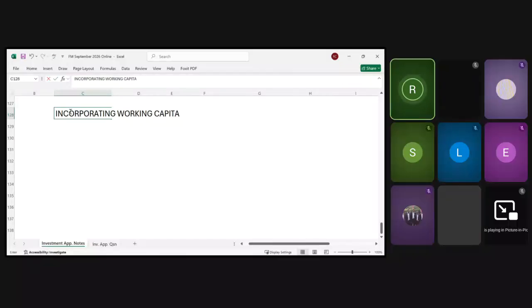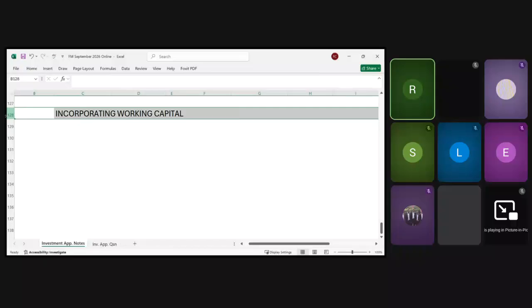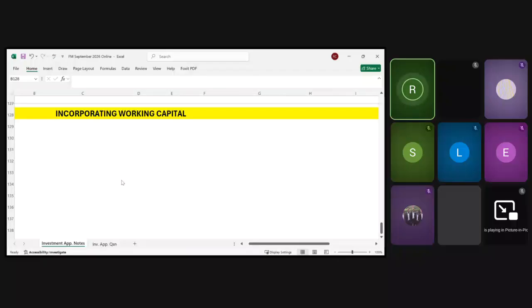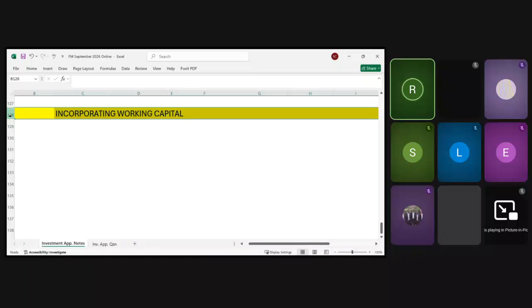All right. What we need to understand is that the moment we are investing into a project, we need money for the day-to-day running activities of the organization. So what does that mean?